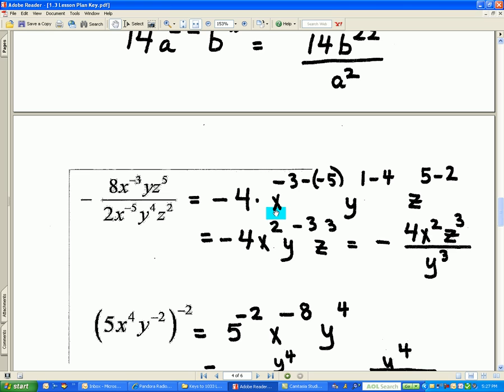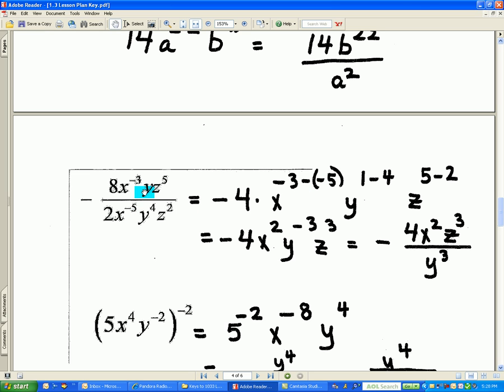times. Now, on the x's, when we're dividing, laws of exponents tell us to subtract the exponents, whatever's in the numerator as the exponent there, minus what's in the denominator. So you'll notice that's how I get -3 minus a -5.